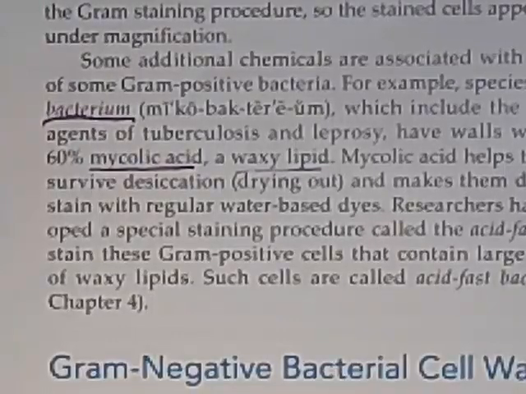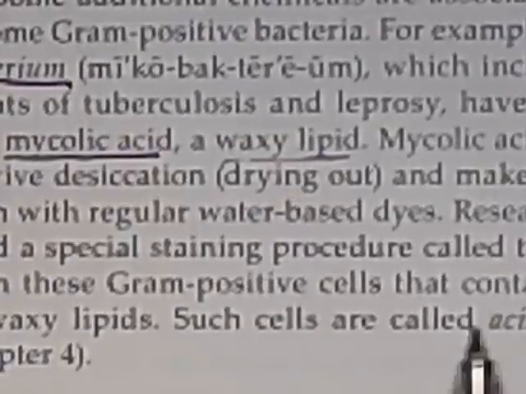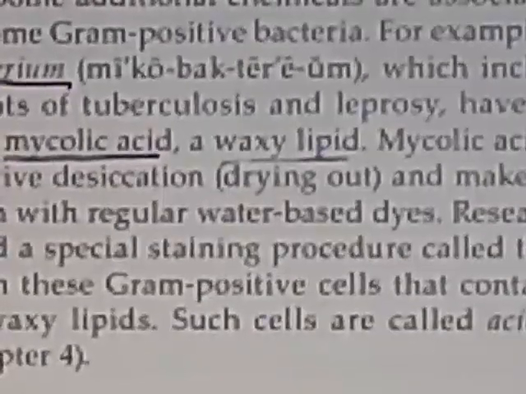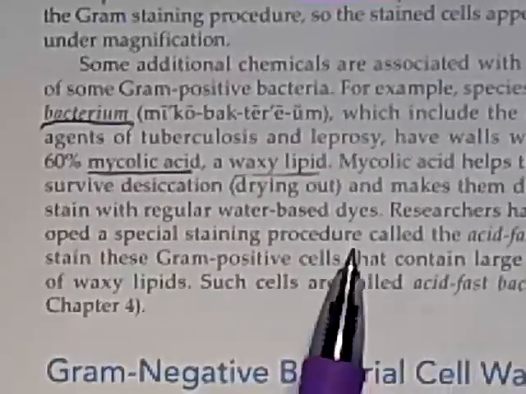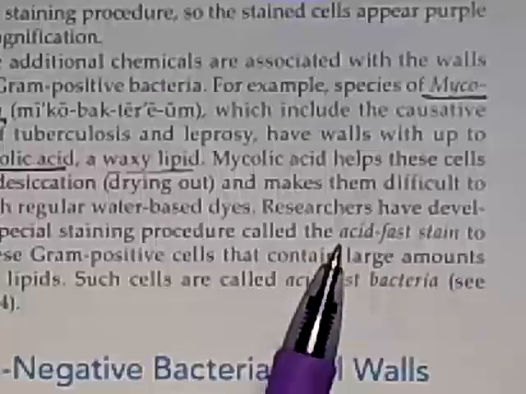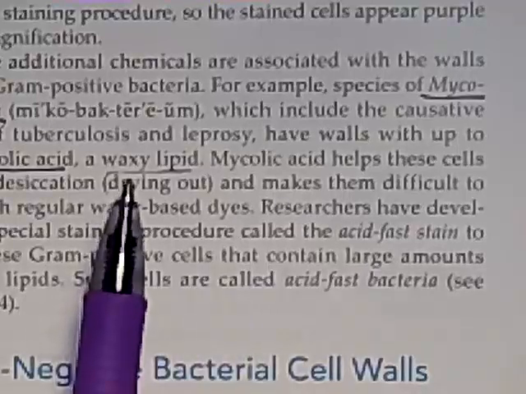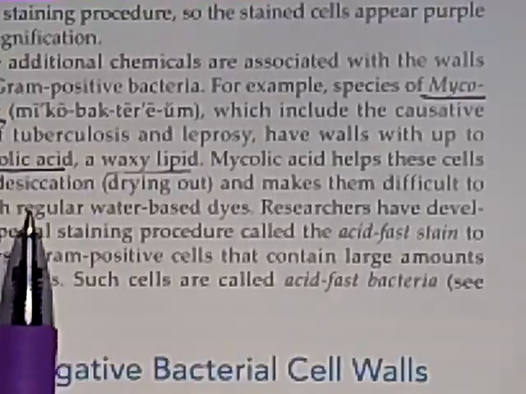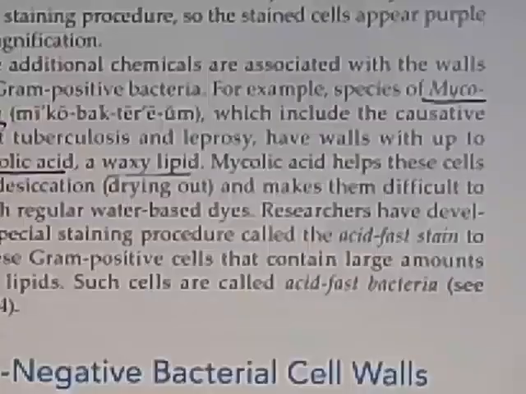They may be acidic, they may be basic, but they're both water-based dyes. So therefore, we have to have a special system to be able to stain these. We stain these specific organisms with what we call an acid-fast stain, which is designed for something that has a more resistant cell wall that will resist the actual stain.